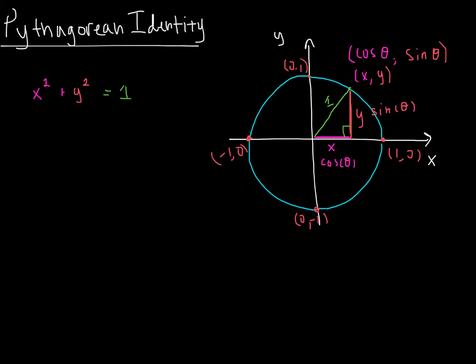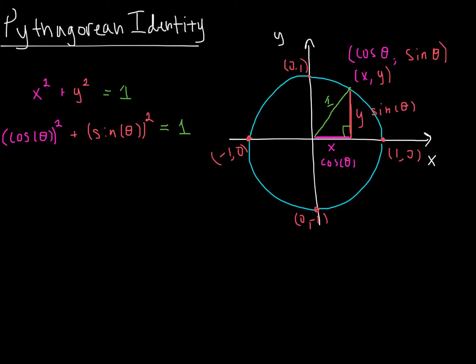So we can rewrite this: cosine of theta squared plus sine of theta squared is going to be equal to 1.